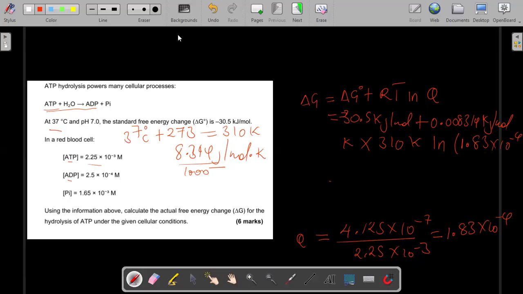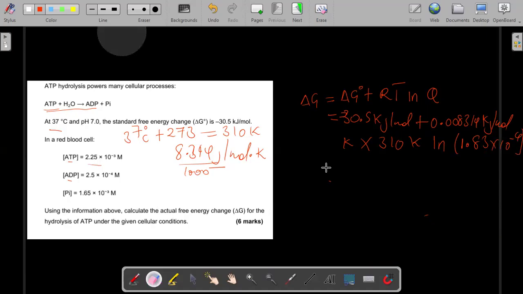So we are done with setting up the equation. All you need is to work with your calculator there. So I have negative 30.5 kilojoules per mole, then I add to it 0.008314 kilojoules per mole Kelvin.